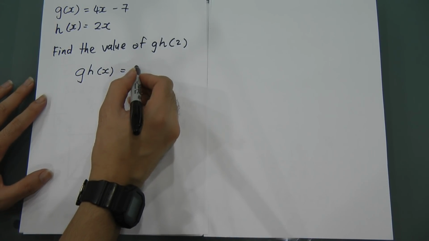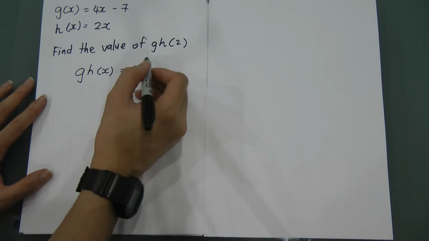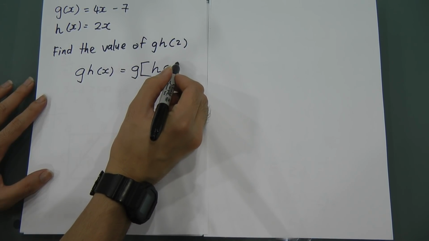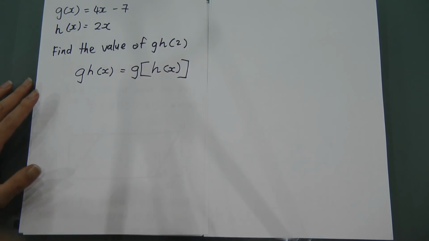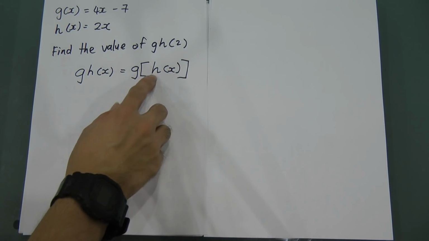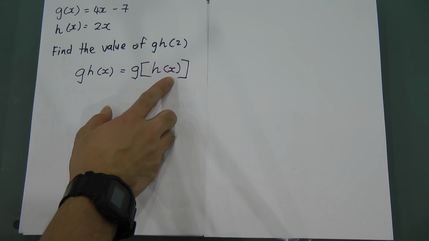gh(x) means that g takes h(x) inside. What is the meaning of that?